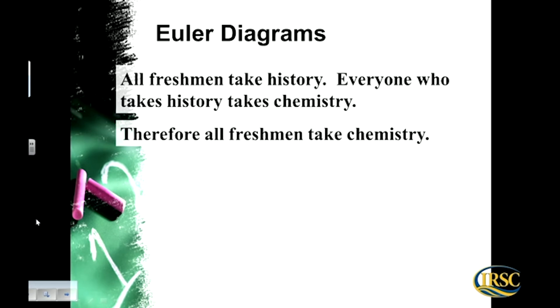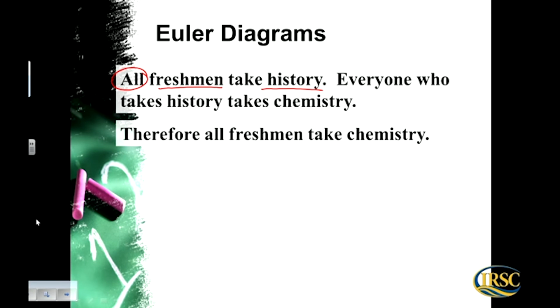Okay, starting with the first sentence. All freshmen take history. So what's the key word there? All. And then we have two things that we're focused on in here. We're talking about freshmen and history. Okay, so you need a circle for freshmen and a circle for history. And how should those circles compare to each other?